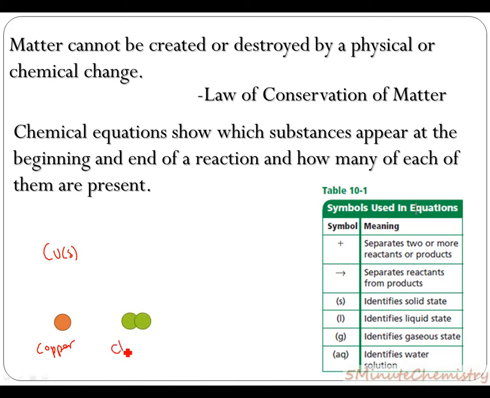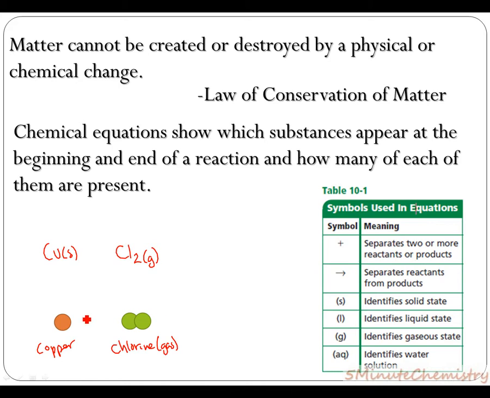So this chlorine gas molecule consists of two chlorine atoms that are covalently bound together. So that is going to look like Cl with a subscript of 2. We write g to indicate it's a gas.